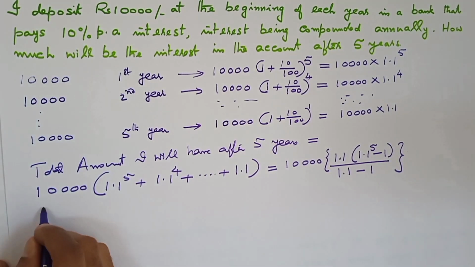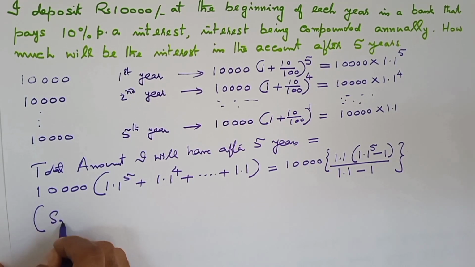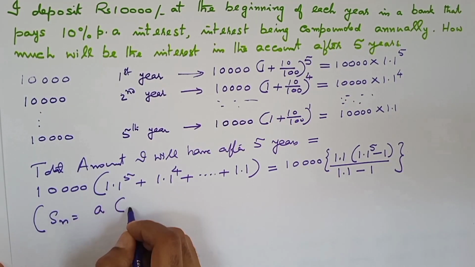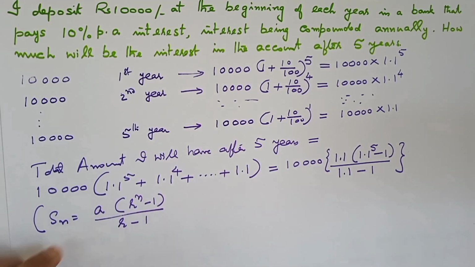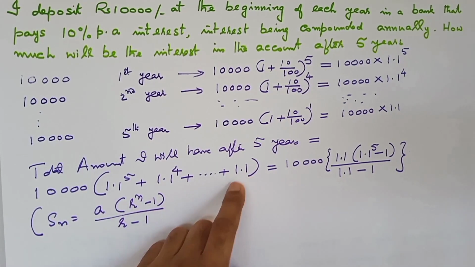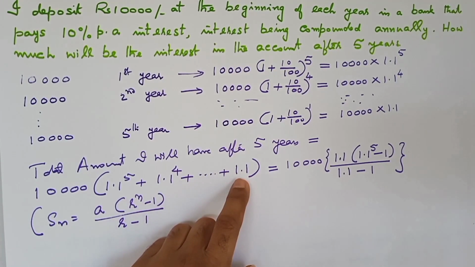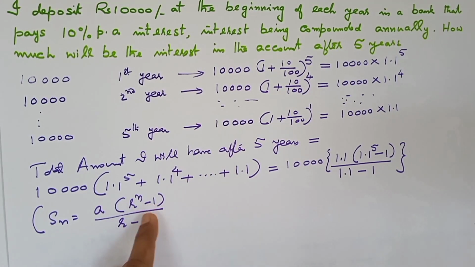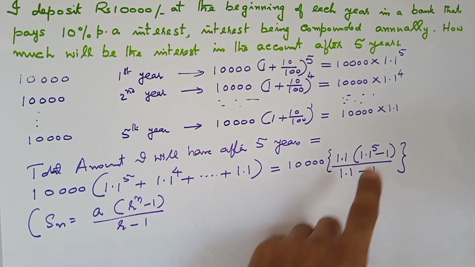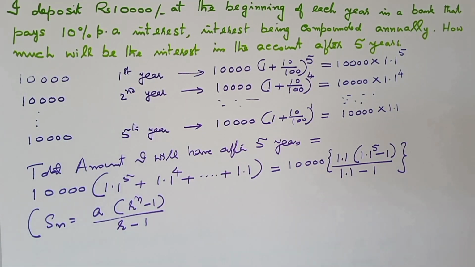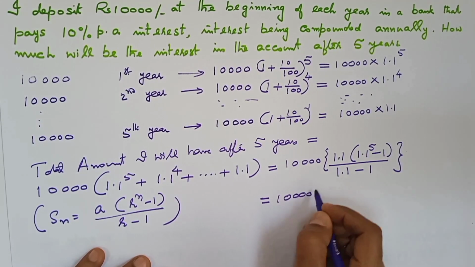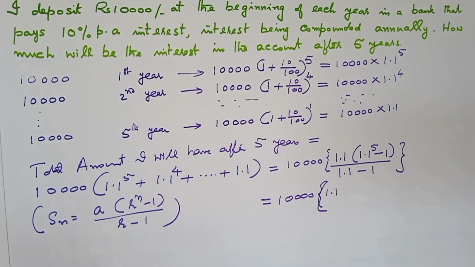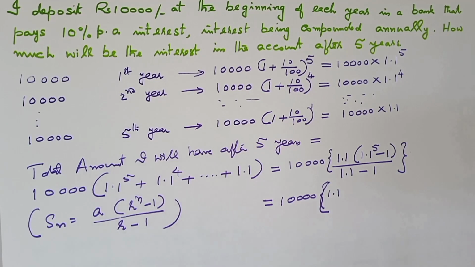I'm using this formula, a into, where a is the first term, I'm taking this as the first term, r is the common ratio, that's again 1.1, and n is the total number of terms, which is 5. That's what I have used here. Now this will come to 1.1, yeah, 1.1 power 5. You need to calculate. There's no other way.